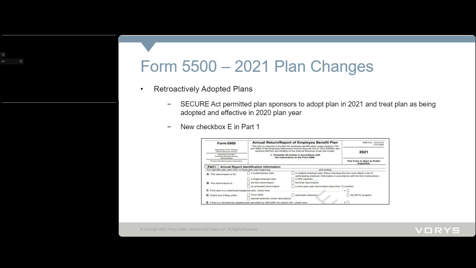So if you find that you had one of those plans in those situations, the first year to file Form 5500 in 2021, check the new box E in Part 1. You can see that at the very end that E is new, and so make sure if you're a PEP, if you adopted a retroactively adopted plan, that you check the box in E in this year's 5500 filing.